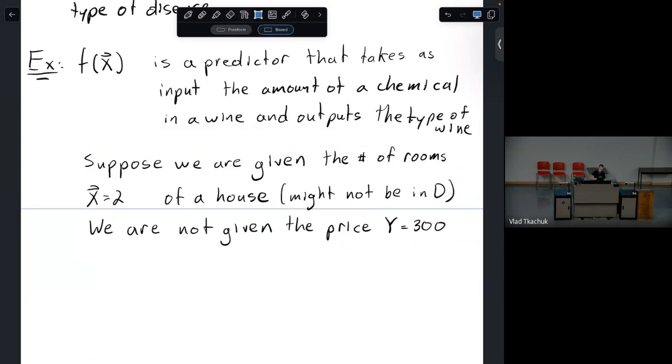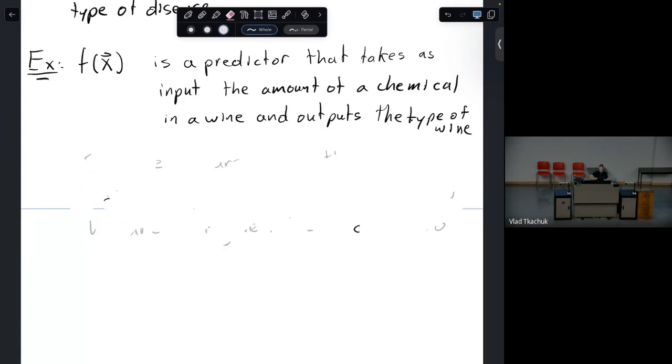Okay, and the story here is that you get some new amount of a chemical of a wine, then you don't know what the label is, and so on and so on. So let's just jump to the plot right away and forget about this slow process of building it up.